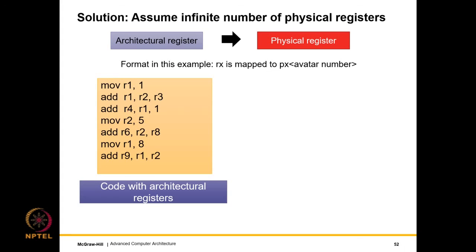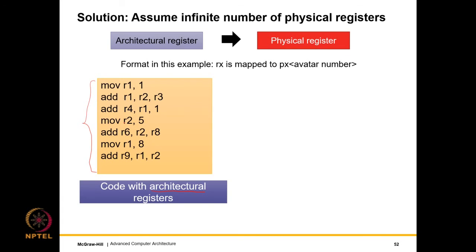So let us take a look at this piece of code, which is a piece of code that the compiler has generated. So it does have architectural registers, which are our normal registers. So normal registers are known as architectural registers in this particular context. As you can see, because we have a finite number of registers, registers are repeated. So we write to R1, then we write to R1, then we write to R1 again.